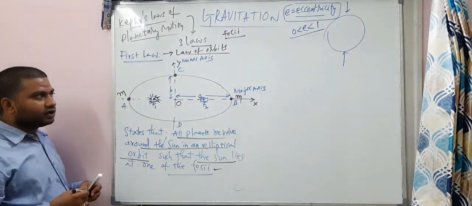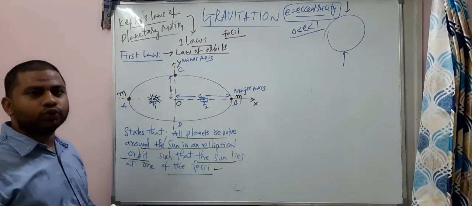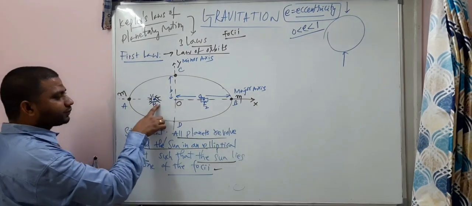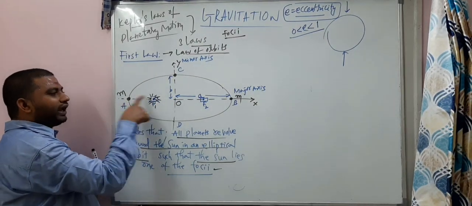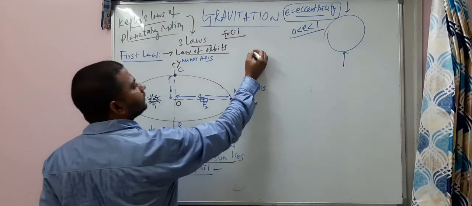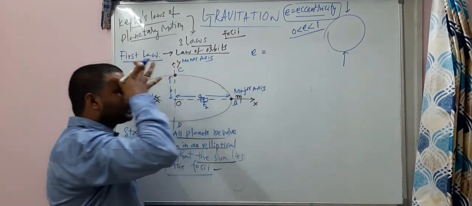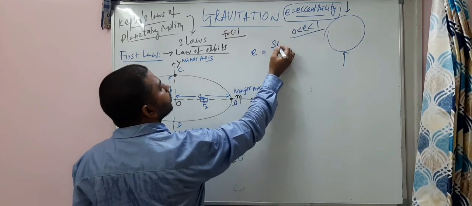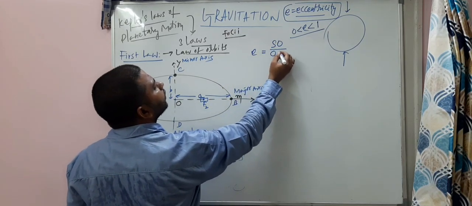Now there are many things to be understood here. This is the sun's position S, and it's OAB, right? So from this ellipse, I can write an expression for the eccentricity. Eccentricity is equal to SO divided by OA.